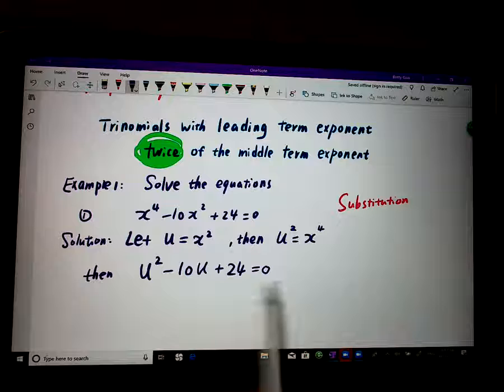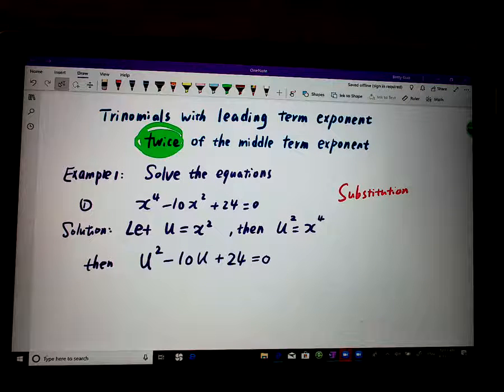You can either apply solving by factoring, that's one method we have learned. We also have learned the square root property method, the completing the square method, and the quadratic formula method. So use any method you prefer.